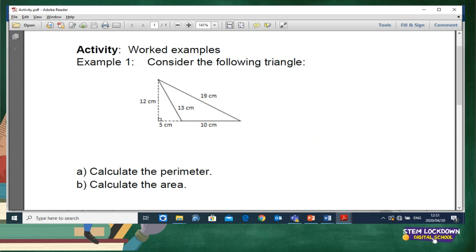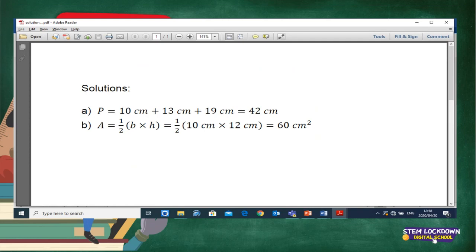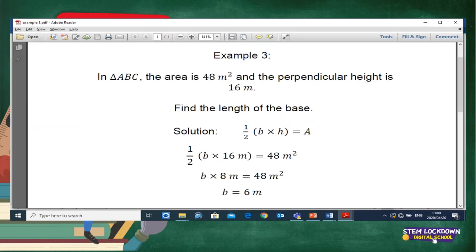Meaning that you add only the sides. Once you have added them together, they will give you 42 centimeters. And the same goes for the area, where you will use the formula, which is half of the base times height. Your base there was 10 centimeters, and the height was 12, and you were able to find the solution.